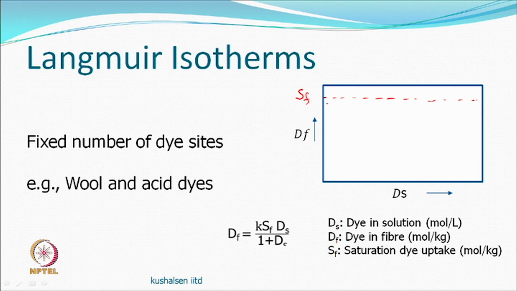The curve will move, and after some time it will not increase. The sites are finished and therefore dyeing will not take place. From the kinetics you can get to this type of equation, which will be valid if such interactions are there.